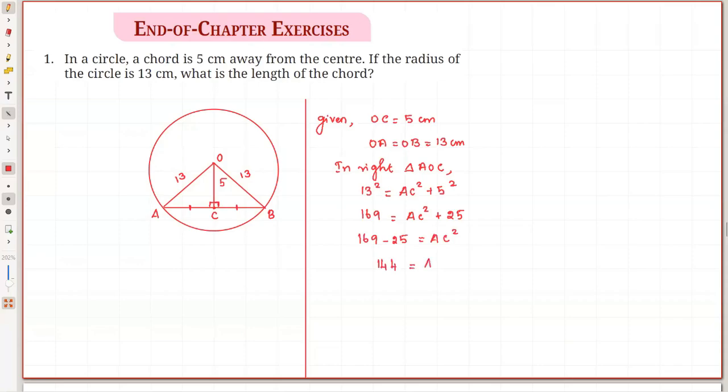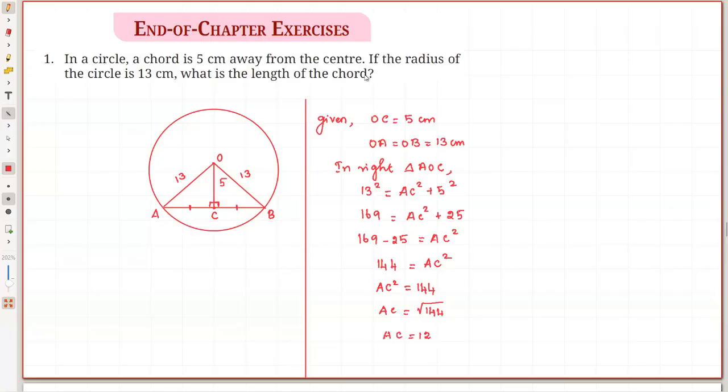So 144 is equal to AC square. That means AC is equal to square root of 144. The square root of 144 is 12. Now AC is equal to 12.